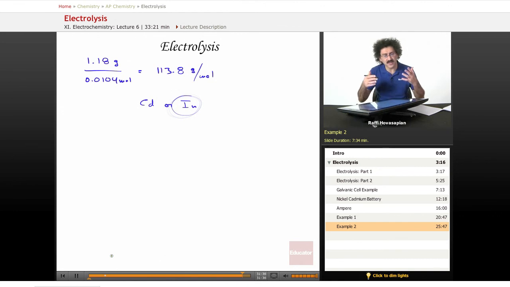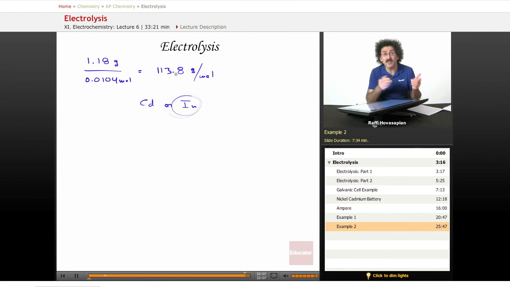Now, granted, this is a real-world process. It's not going to be exactly what the molar mass is. You're not going to get like 111 or 112 point something. It's going to be in that range. There are tolerances in science. Yes, science is exact, or we try to make it as exact as possible. But if you end up with 113.8 and you have maybe 3 or 4 different things and you're wondering which one it is, is it cadmium or indium?